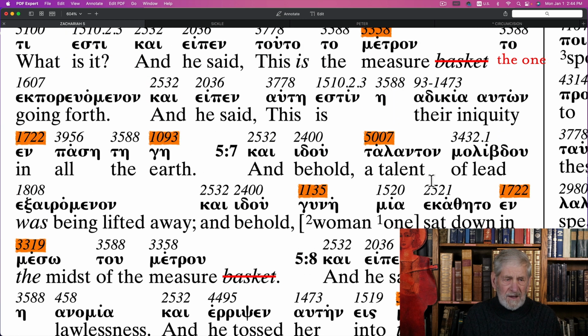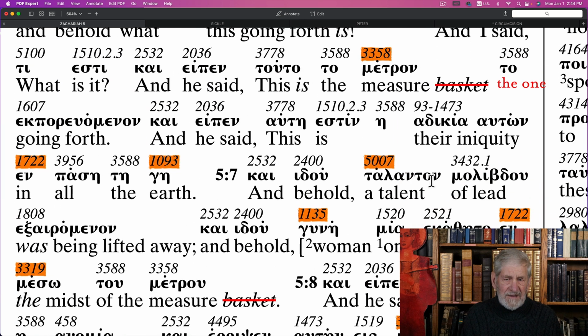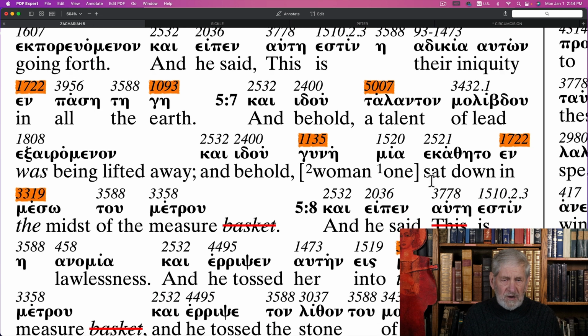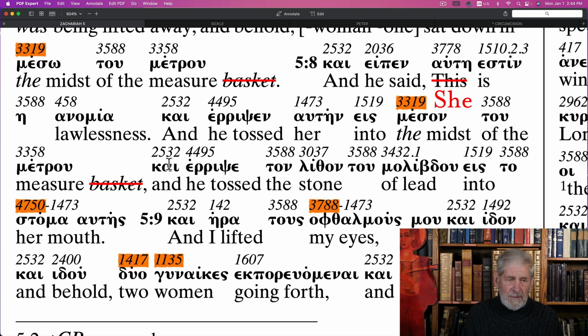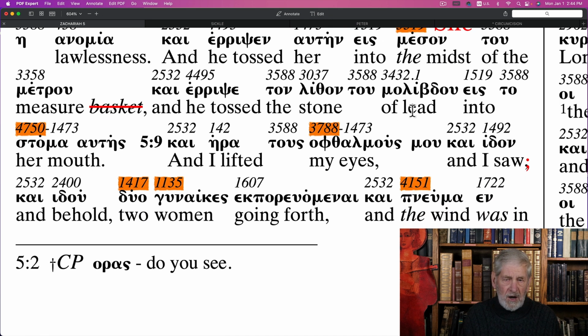So now, this is the iniquity in all the earth. Now, she is lawlessness, and he tossed her into the midst of the measure. So, of this measurement, and he tossed the stone of lead, all of this heavy unrighteousness, iniquity, lawlessness, into her mouth. And I lifted my eyes, and I saw.